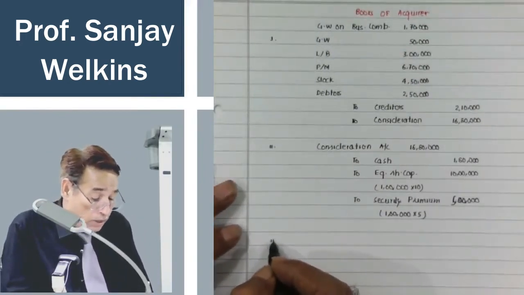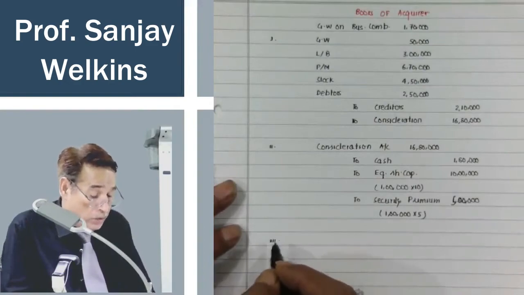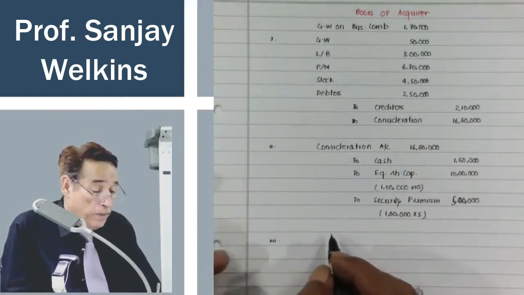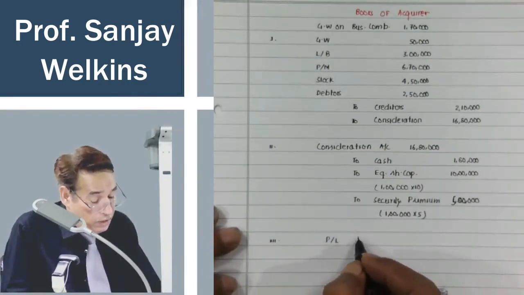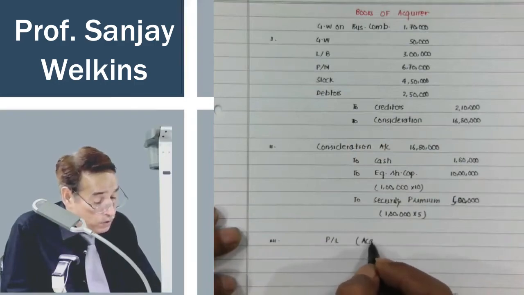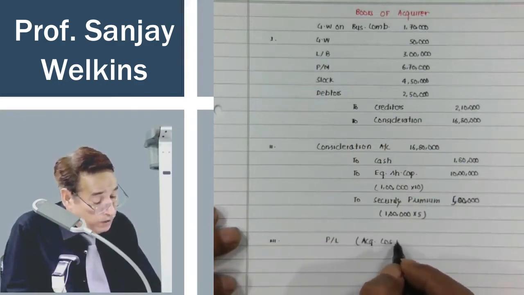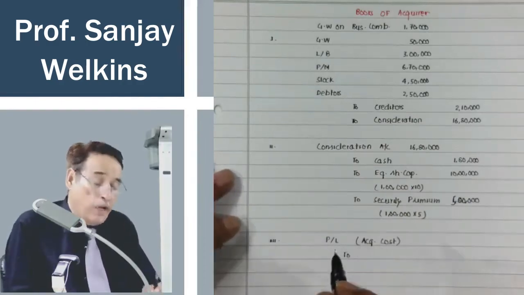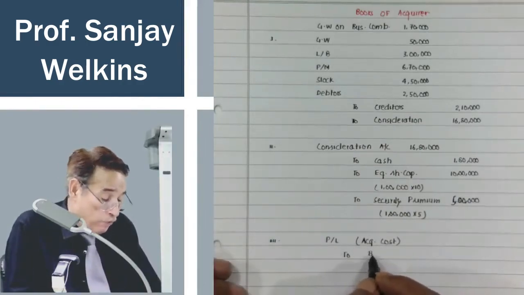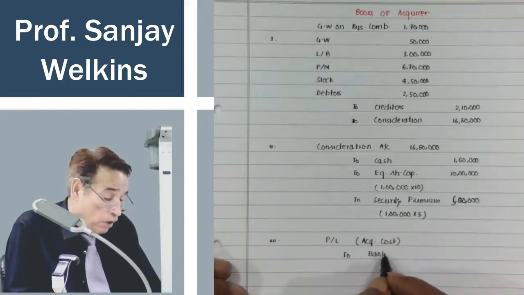One more thing. In this case, there are expenses borne by the acquirer company. So the acquirer company will write the entry: profit and loss account debit, that is acquisition cost. As per Ind AS 103, acquisition cost incurred by the acquirer must be expensed. So that is why we are going to debit it to profit and loss account.